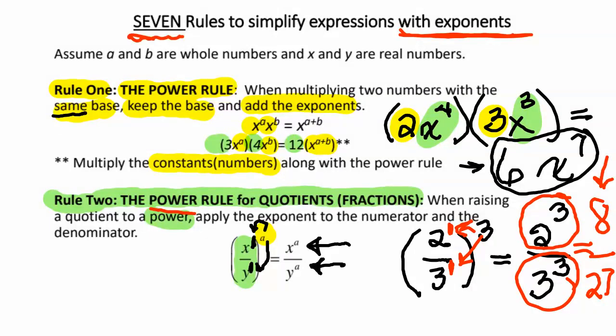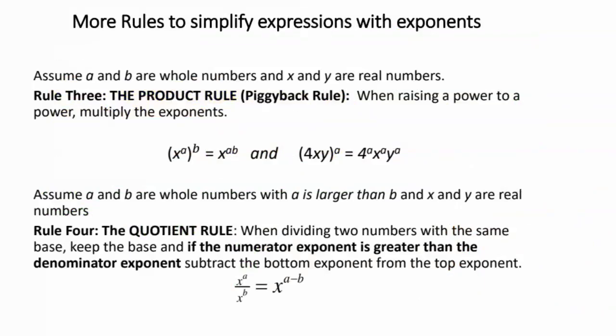Okay. Well, here comes rule number 3. Now, this is called the product rule. The last 2 were called power rules. Earlier, or even before you were born, we used to call this rule the piggyback rule.